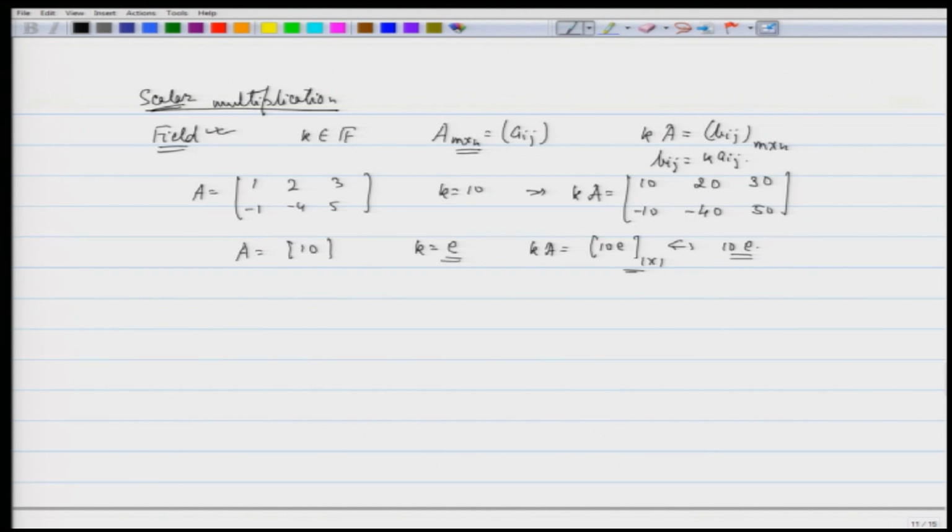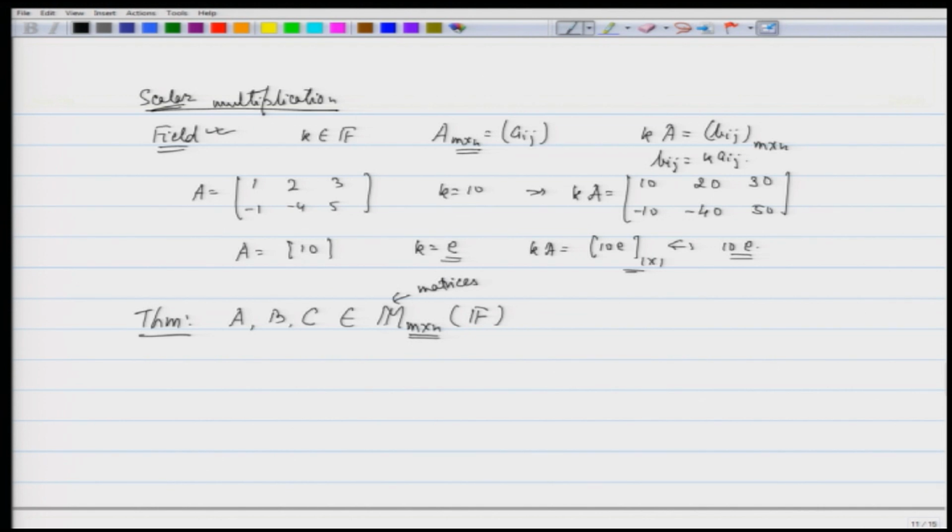Now, there is a theorem which relates addition with scalar multiplication. So, let me write that theorem. So, here I have got matrices A, B and C, they are all of the same size, say m cross n, and over some F. So, this M_{m cross n}(F) means all matrices, so capital M for matrices.